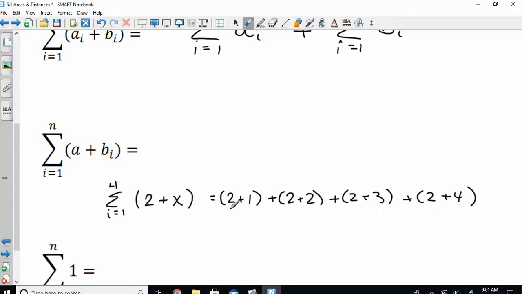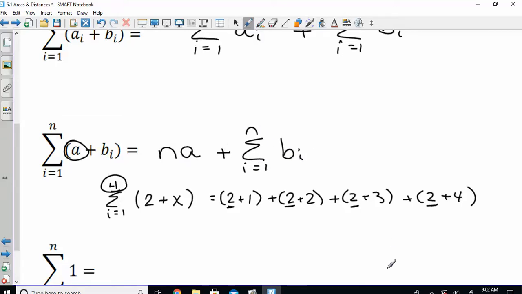That 2 was a constant, and it didn't change. How many times did I end up adding it? 4. So, notice that was the number here. So if I'm adding from 1 to n, how many times will I add this a in here? n times. So you just have to do n times a, then plus the sum from 1 to n of that b sub i. So if you have a constant, you can just take it times the number of times you're adding. You don't have to actually write it down each time.